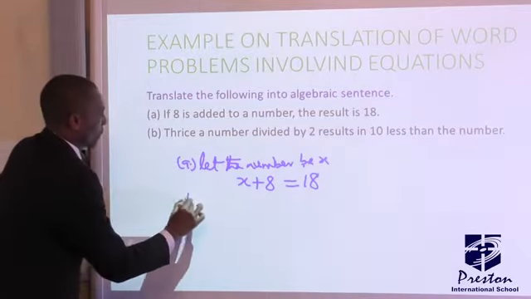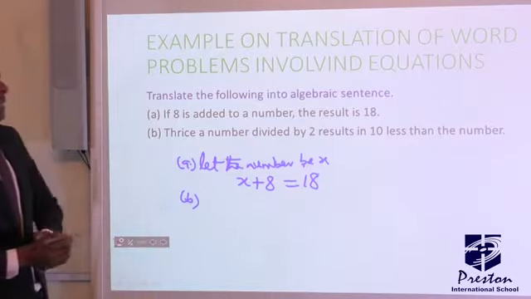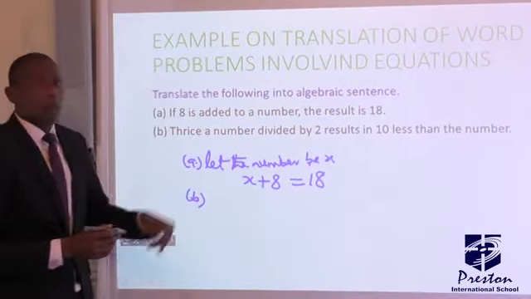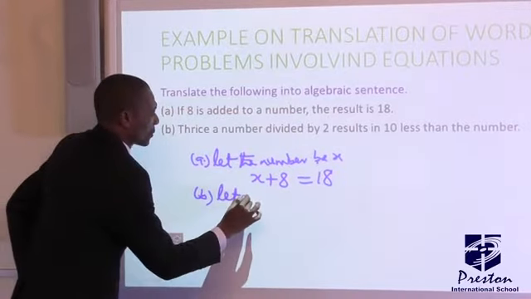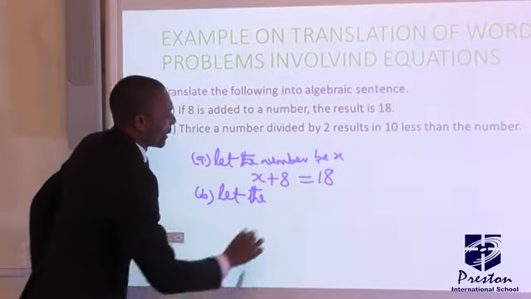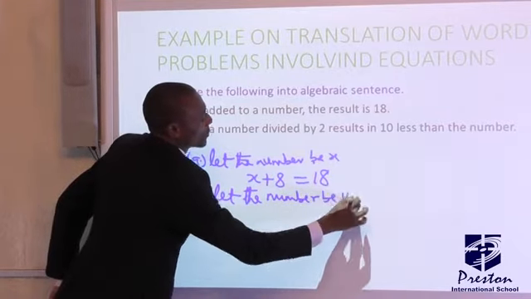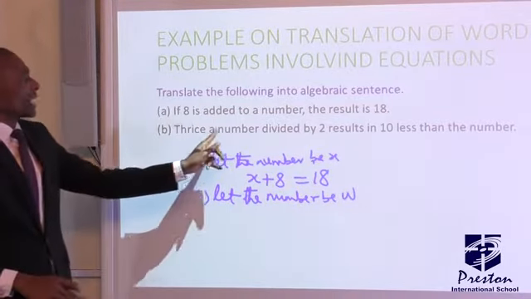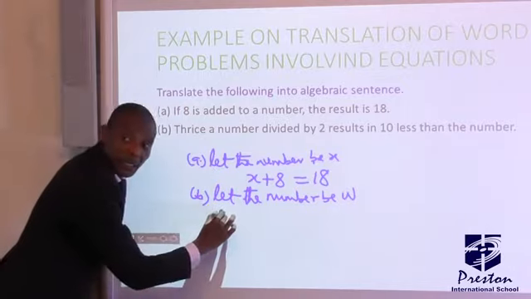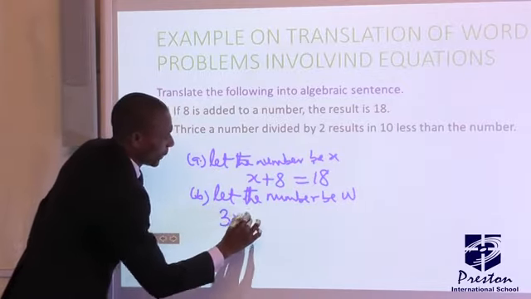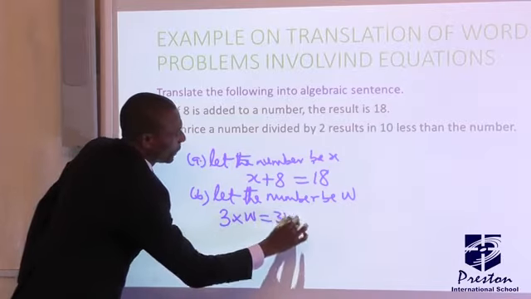Look at B. Thrice a number divided by 2 results in 10 less than the number. We don't know the number, so let the number be, let's use W. Thrice a number means 3 times W, and that will give me 3W.